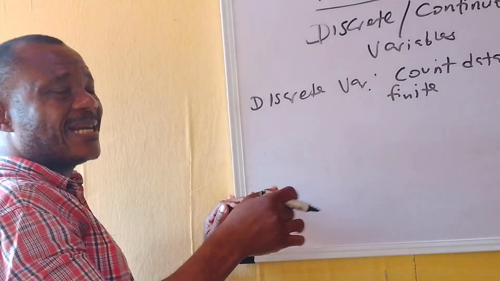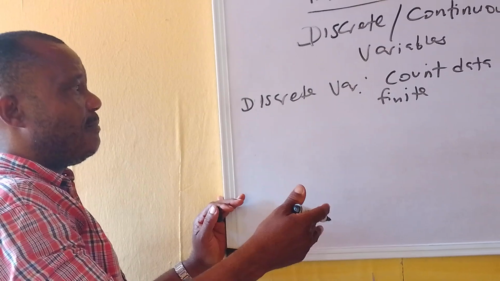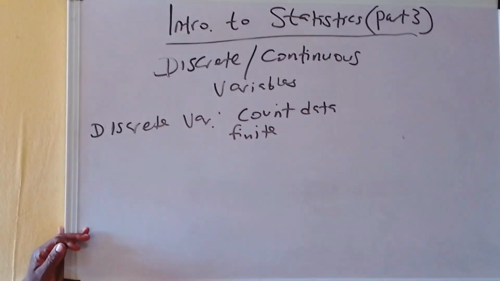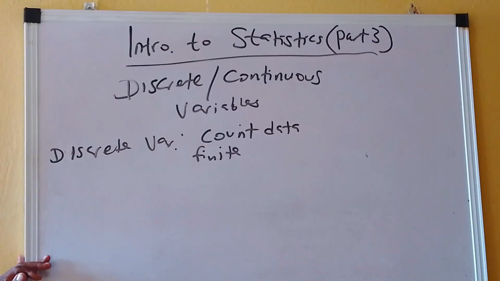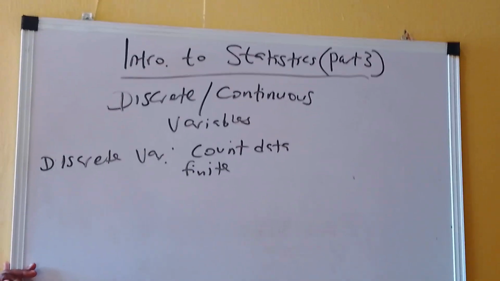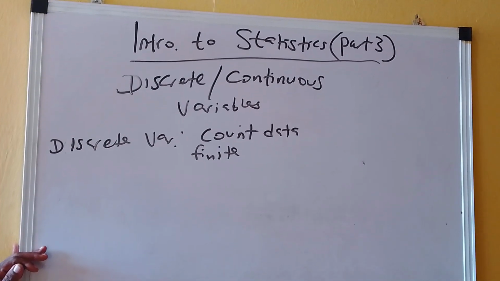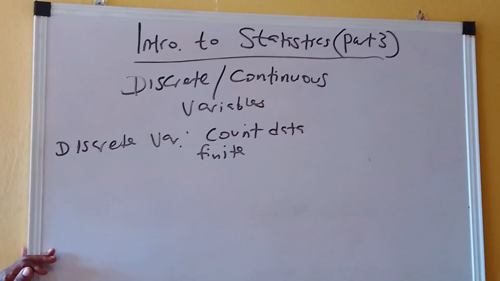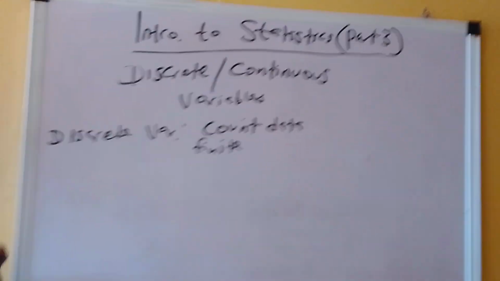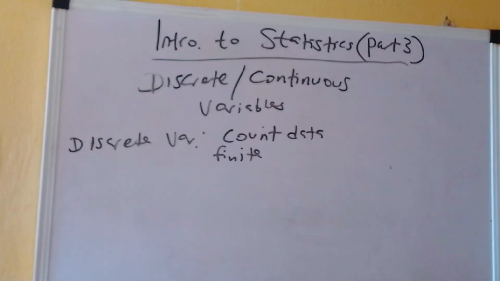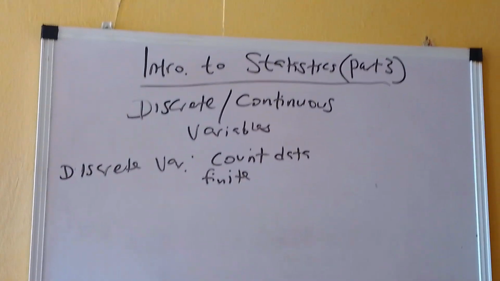They can be counted and they can be numbered. Examples of objects that can be counted: the number of balls in a box, the number of shoes in your wardrobe, a pair of shoes in your wardrobe, and so on and so forth.